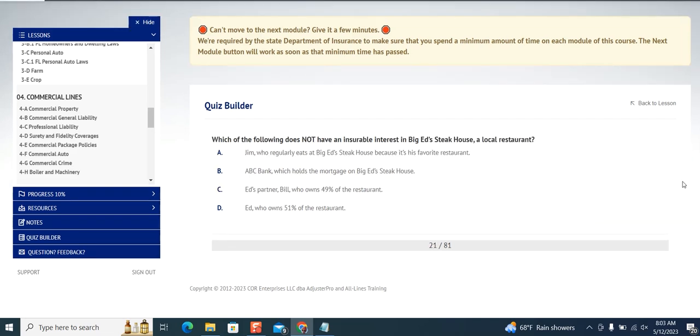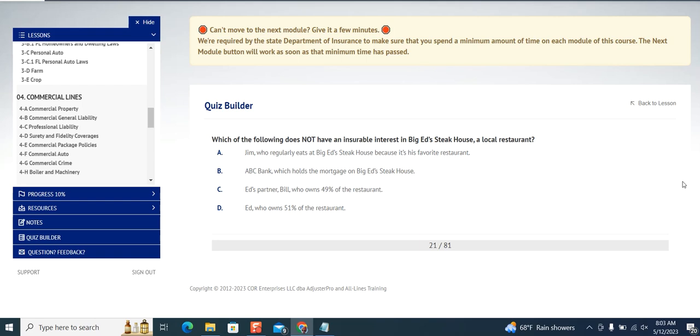Which of the following does not have an insurable interest? Whew, I got one of them definitions, boy. Insurable interest. What's an insurable interest? Oh, that means they got a financial stake.